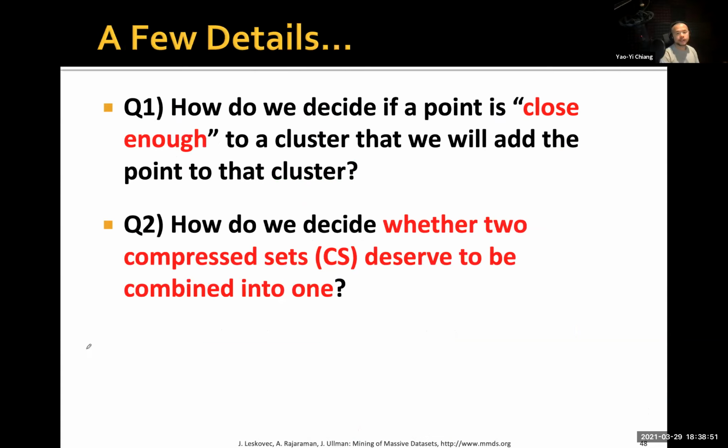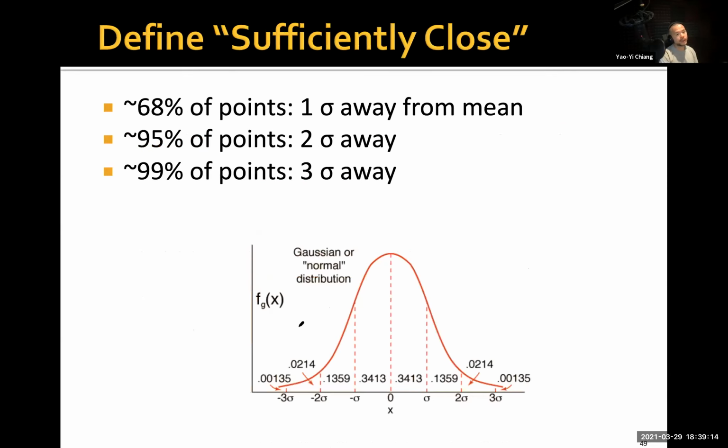So how do we decide if a point is close enough to a cluster so that we want to add it to the cluster? This could be adding it to the DS set or adding a point to a CS set. The second question is, how do we decide whether two compressed sets, the CS sets, should be merged together? So we need to define sufficiently close.